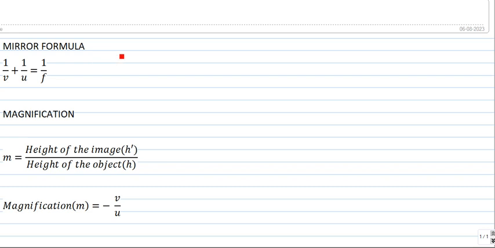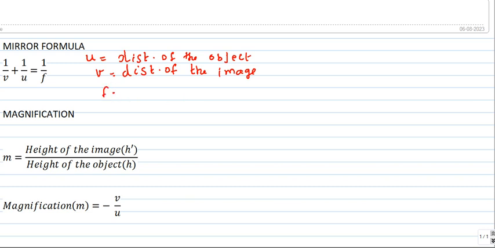So now we will see what these are. u is the distance of the object and v is the distance of the image, and f we already know is the focal length of the mirror.